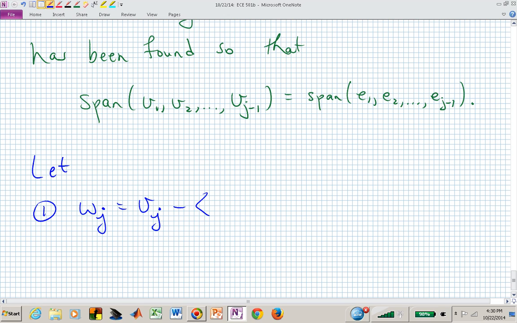Meaning, let's take away from v sub j the component of v sub j in the direction of e1. We take the inner product of v sub j with e1 and use that to scale e1 and remove that from v sub j. Now let's take the component of v sub j in the direction of e sub 2 and remove that from v sub j.